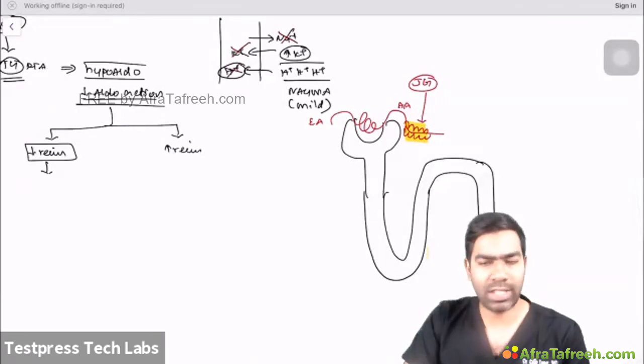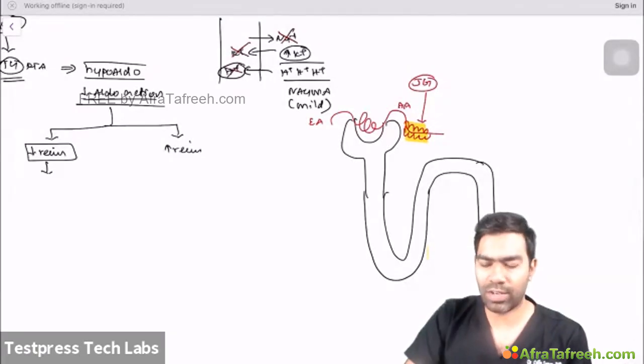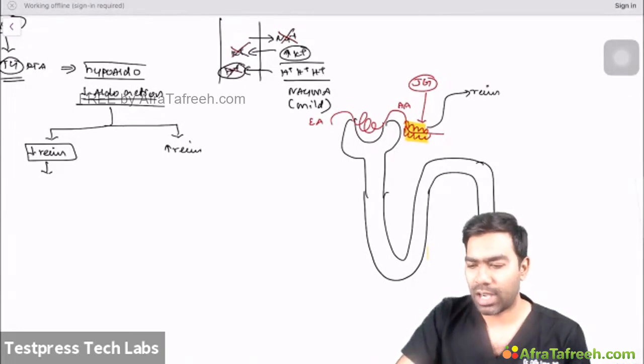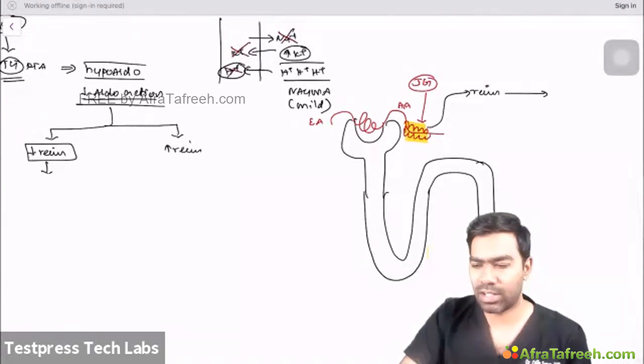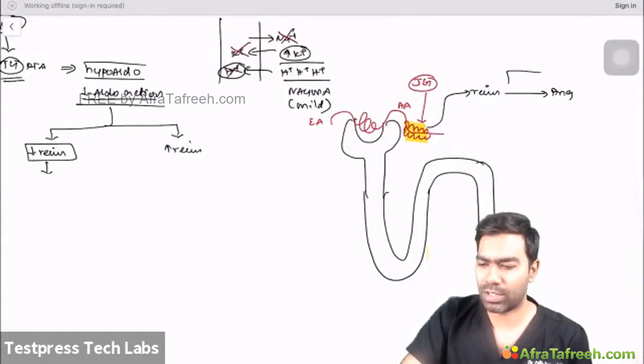So how do they secrete renin? They sense the perfusion. Whenever the perfusion is low, they will secrete renin. This renin secretion will stimulate the liver. Sorry, I have drawn the liver in the worst way, but let us assume this is the liver.